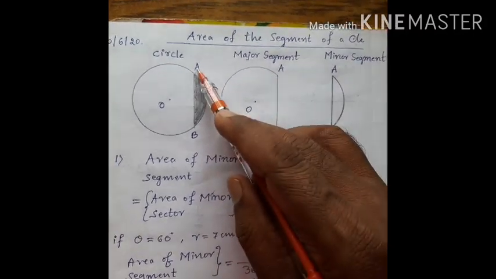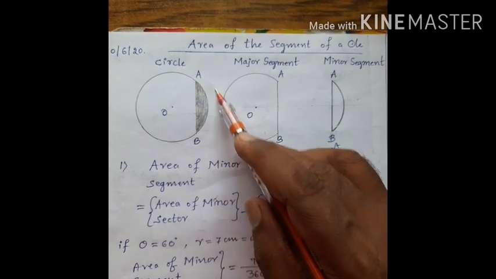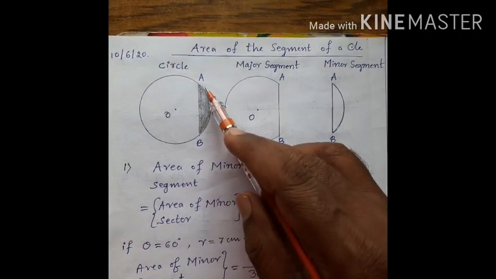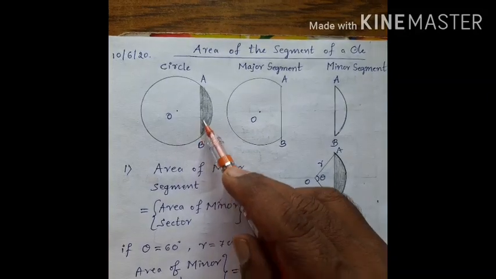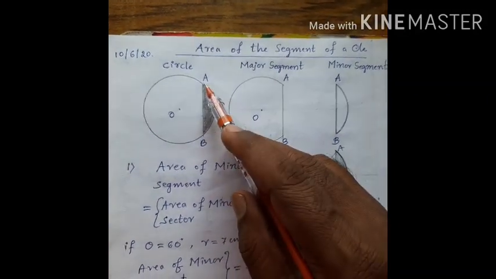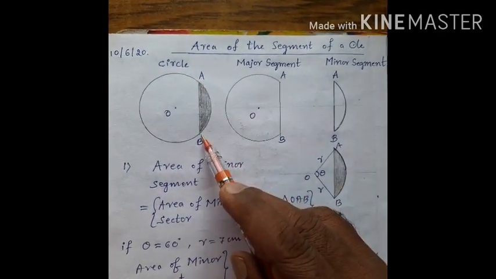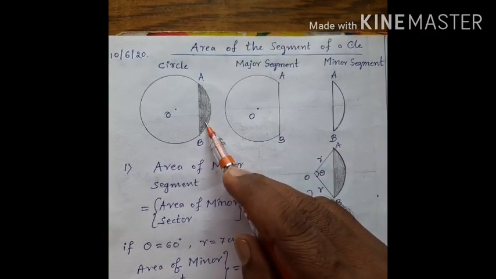Here, this AB is called the minor arc. Therefore, the chord and this minor arc cover some place. The place covered by this chord AB and the minor arc AB is called the minor segment.